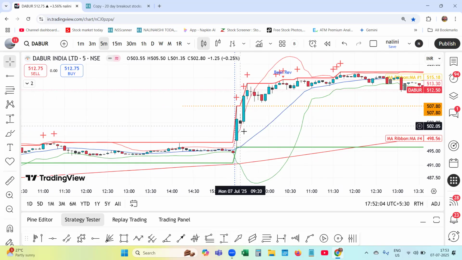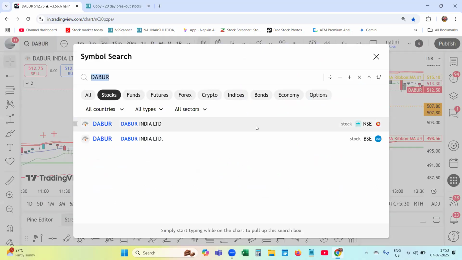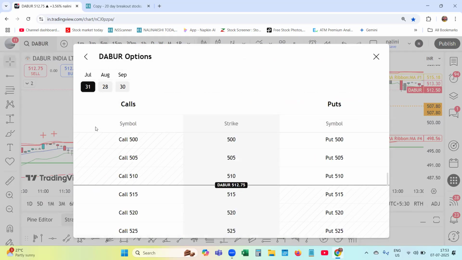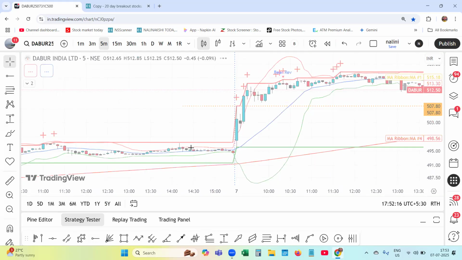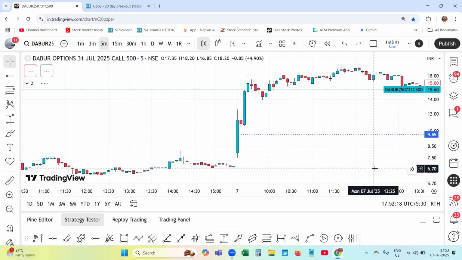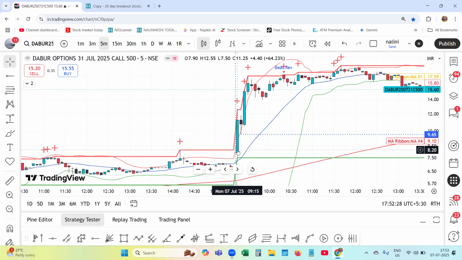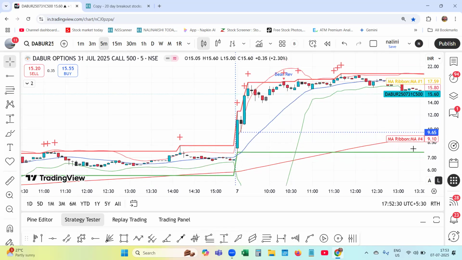Then immediately, since it is a futures stock, you can go to the corresponding call option, the Dabur India call option. You can see the 500 call option, the same type of mimicking the underlying price action. So it is perfect.